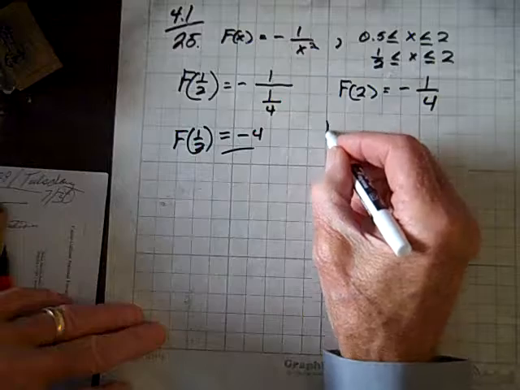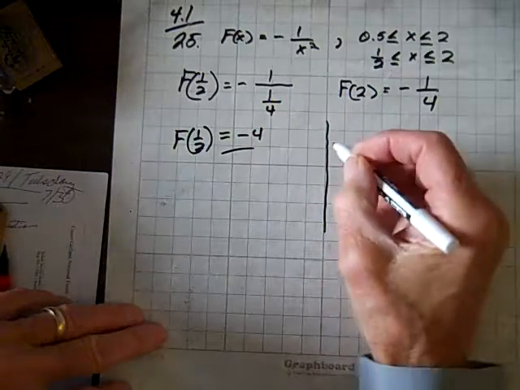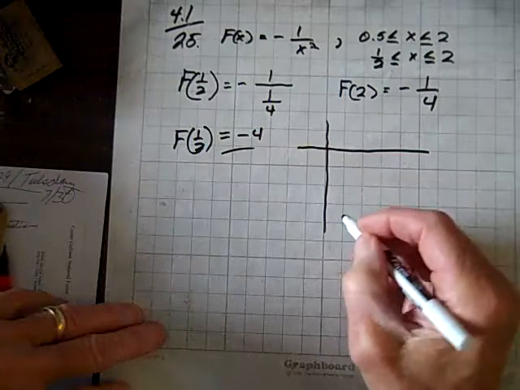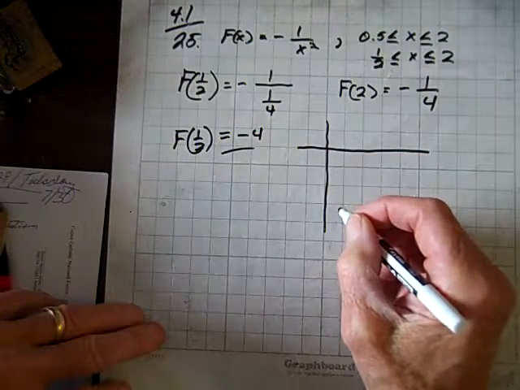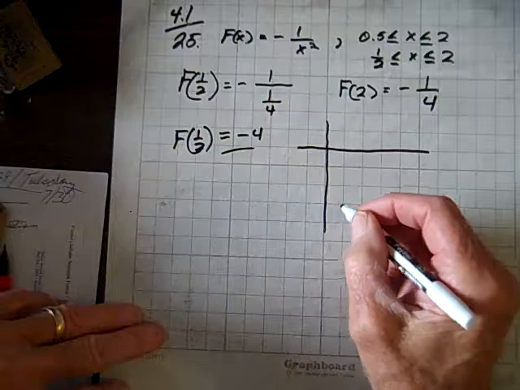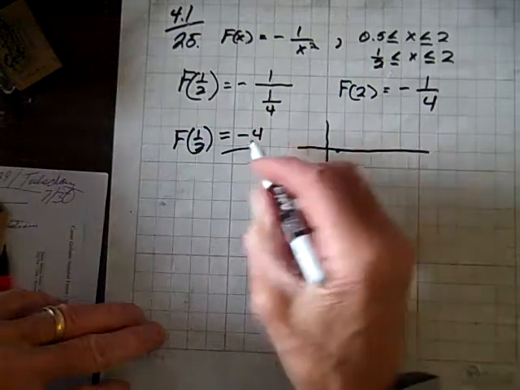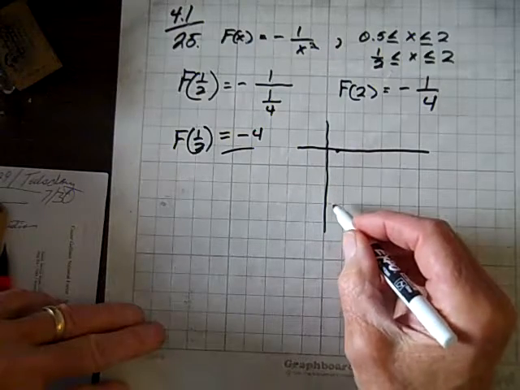So now let's graph it. And here we are at x equals 1/2, and we get negative 4.